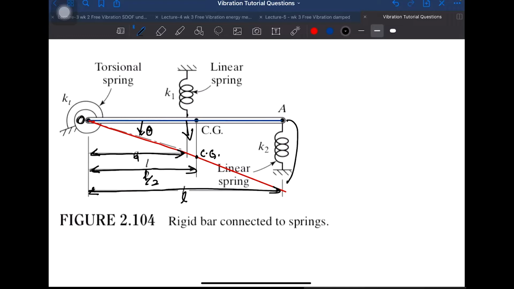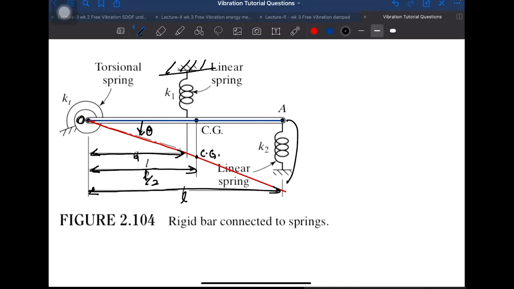If the bar moves downward, the spring force for K1 will act upwards to counteract the bar moving downward. Basically, K1 is attached to, let's say, a wall here.